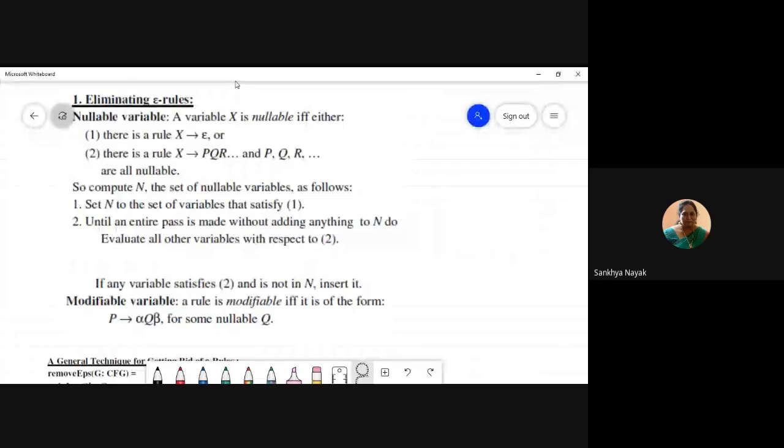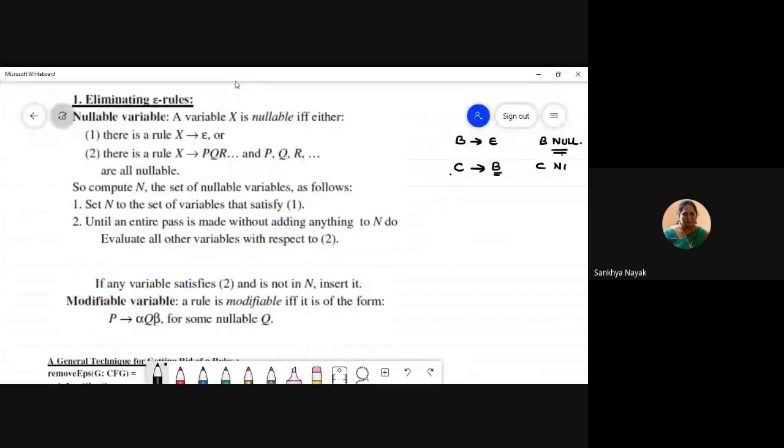Okay. So we were talking about nullable. For example, you see here, B derives epsilon. Very easy for you to understand. B is nullable, right? Now let us say we have some more equation like C derives B. Now indirectly, because B is nullable, C is also nullable.